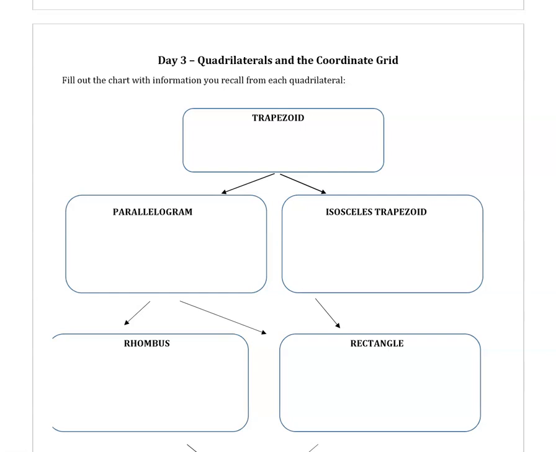And we're just going to fill out this chart with all the different things that we can think about for each type of quadrilateral. So first is our trapezoid. A trapezoid could look something like this, where at least one pair of opposite sides is parallel.